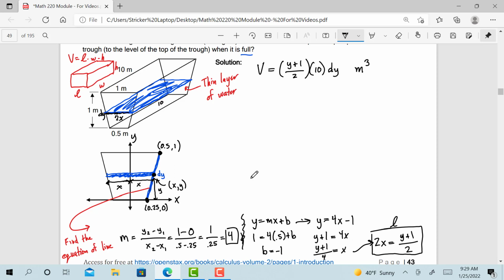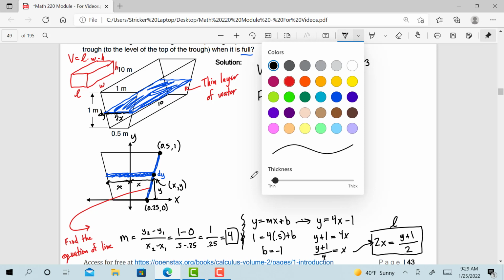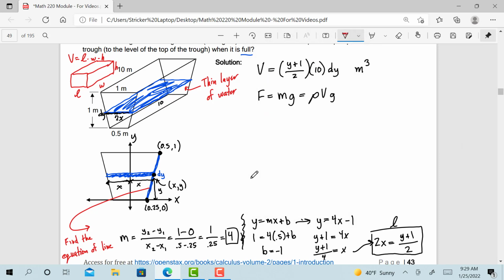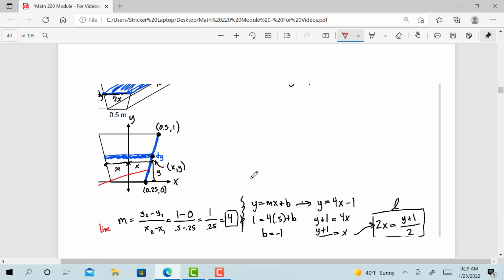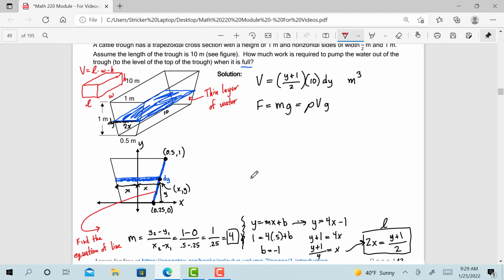So our force is going to be the mass times gravitational acceleration. And then again, because mass is density times volume, we can say that the force is density times volume times g. And remember, we do know what those values are.